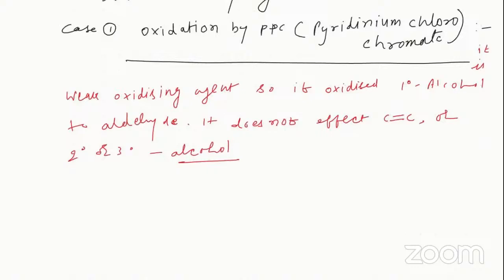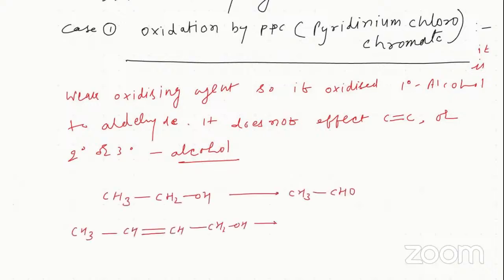So what will be the reaction if I write CH3, this is going to give, the double bond will remain as it is because PCC cannot change the double bond, and it will become CHO.